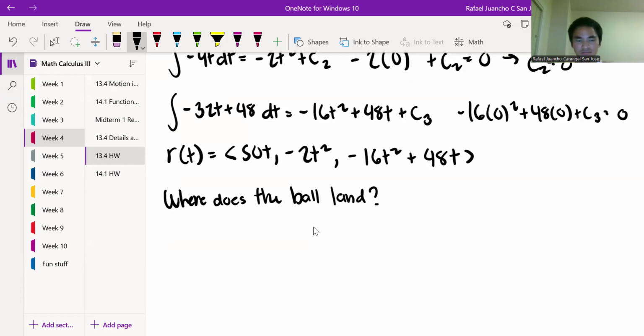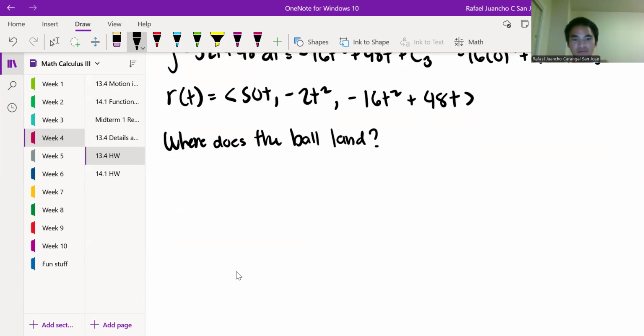Well, it lands when my position, my R of t, is at 0, 0, 0. That's where it lands. My x is 0, oh actually no. My z is 0. If I'm treating my xy plane as the ground, is it safe to assume that? Okay, let me watch it just to be sure.